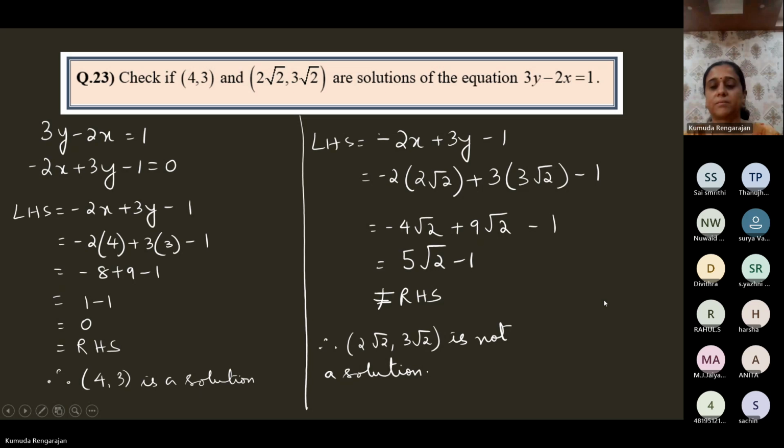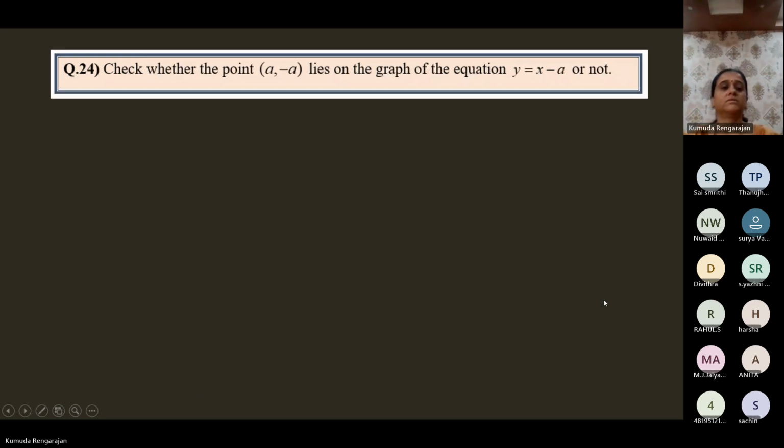Okay. Check whether the point (a, minus a) lies on the graph of the equation y is equal to x minus a or not. If this point lies on the graph of the equation, then it should satisfy the equation.